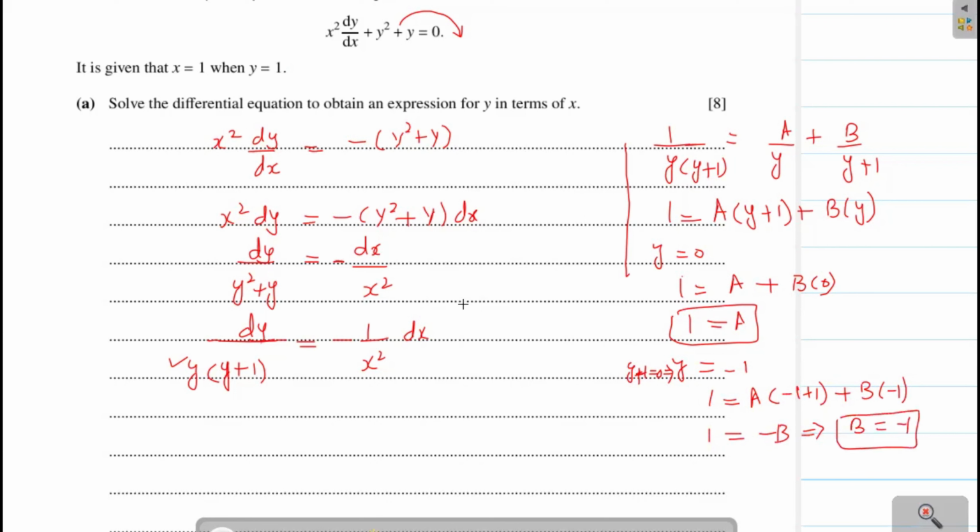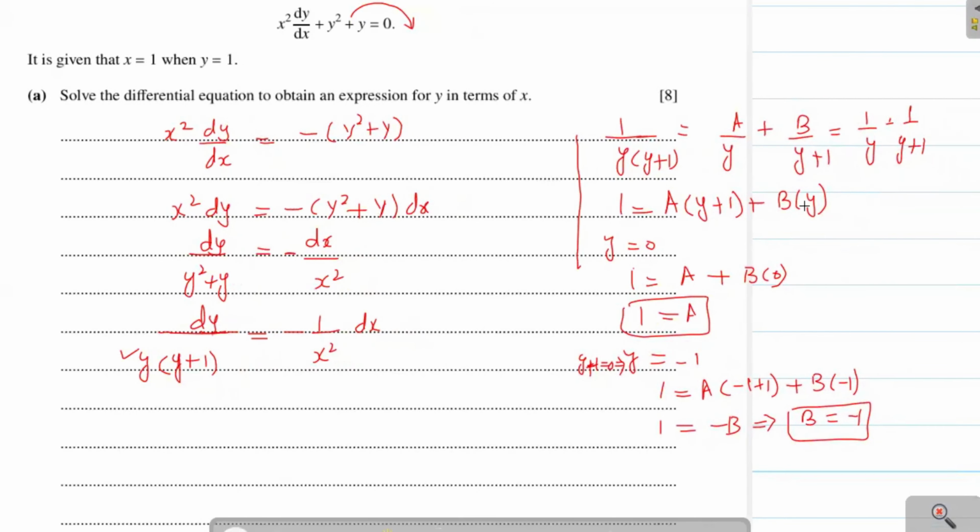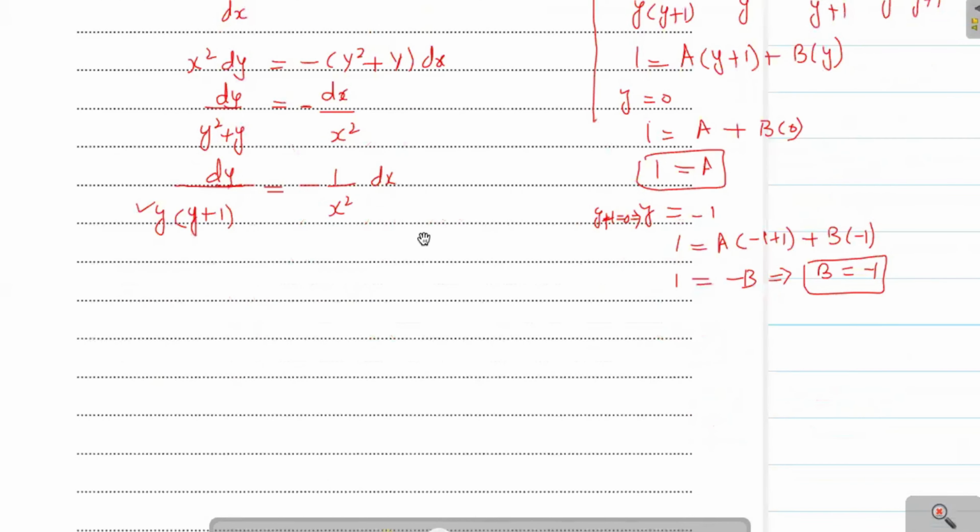Therefore, we can write this as 1 over y minus 1 over y plus 1.